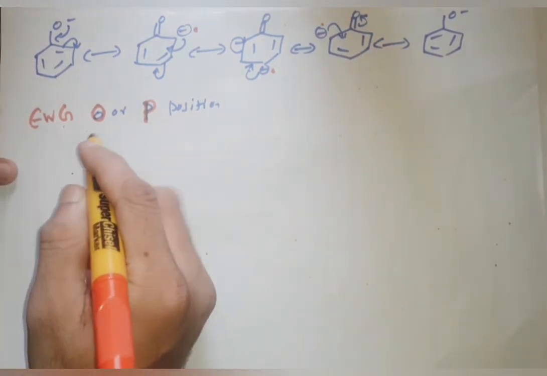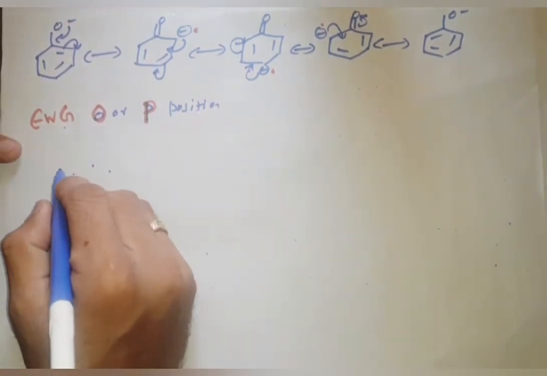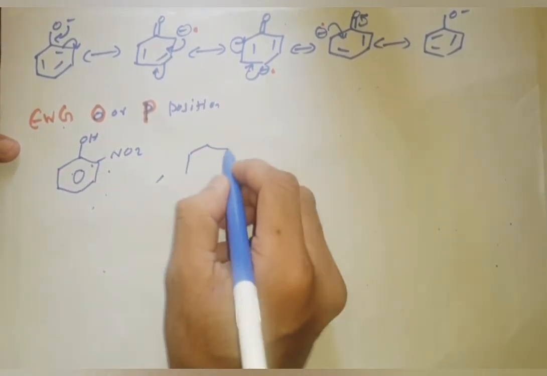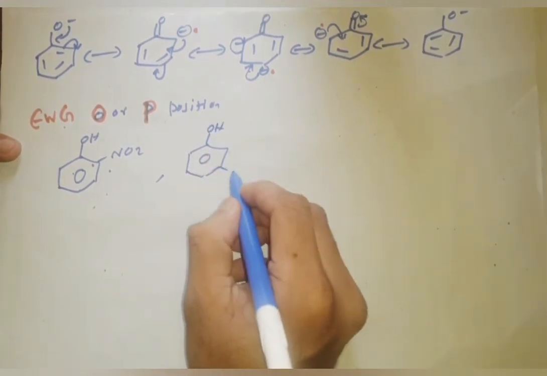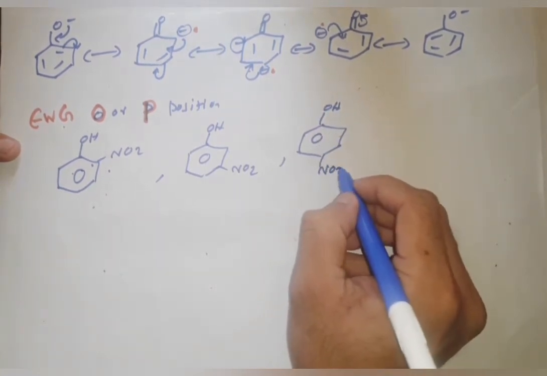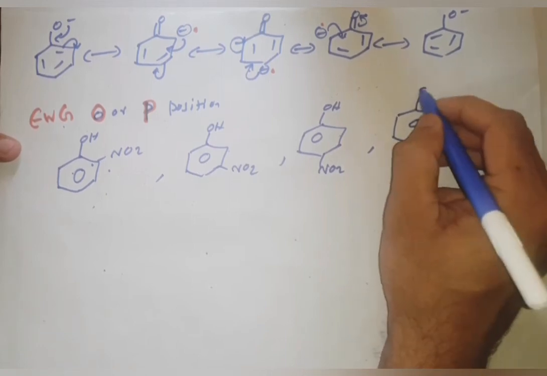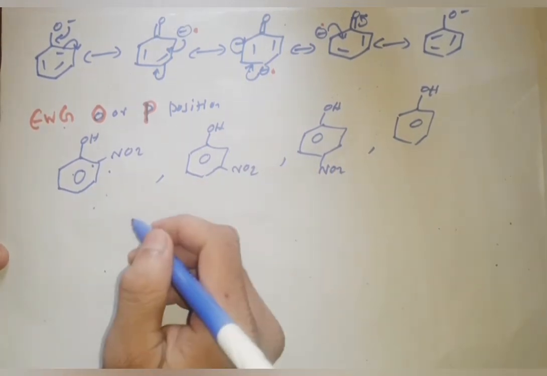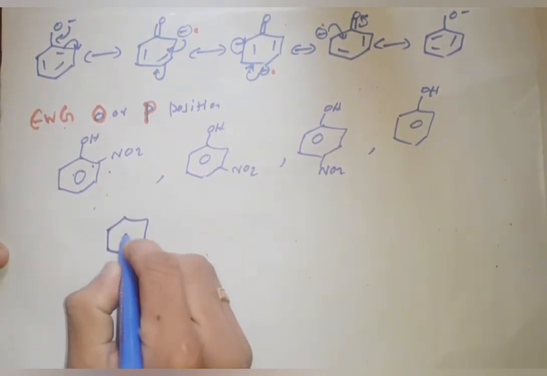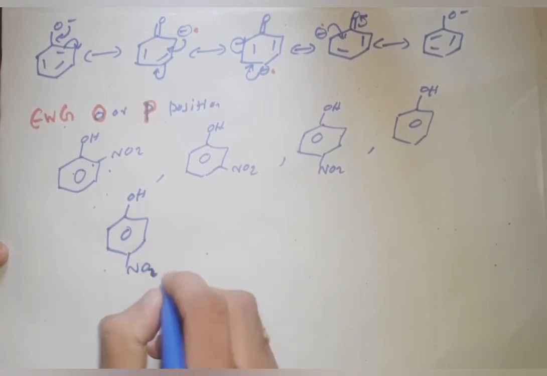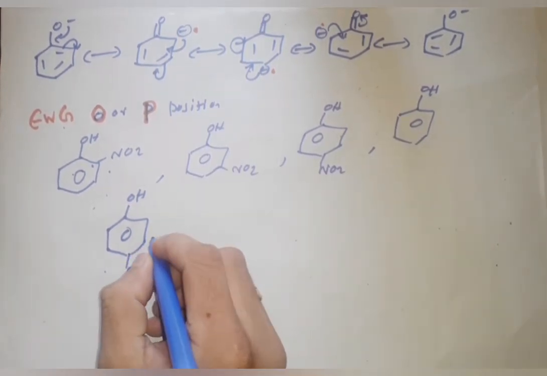The acidity of these molecules is in the order: paranitrophenol is the first one, with the highest acidic character.